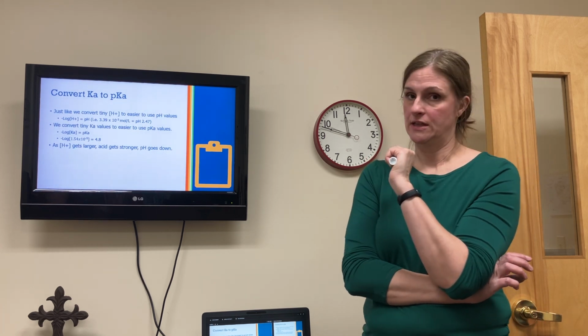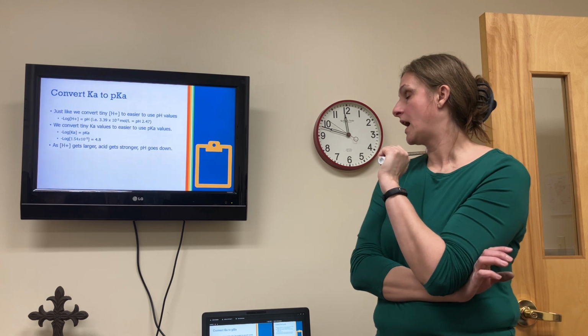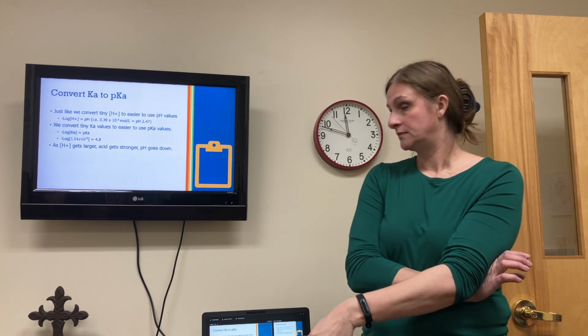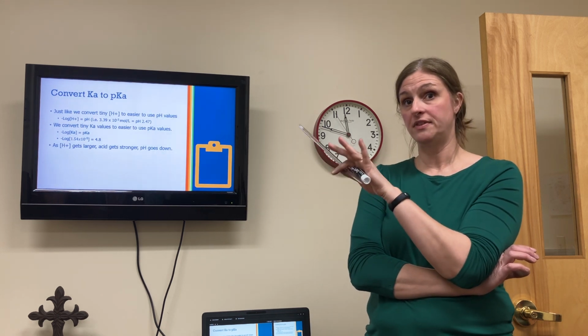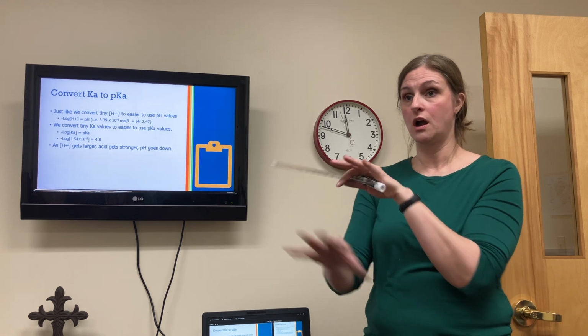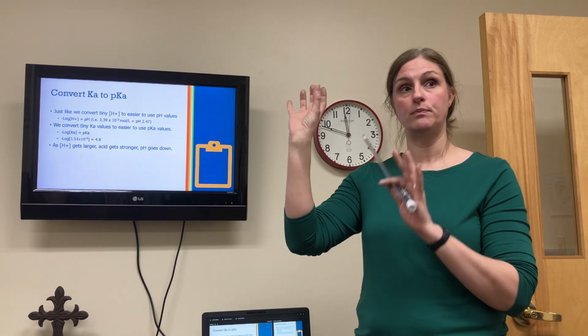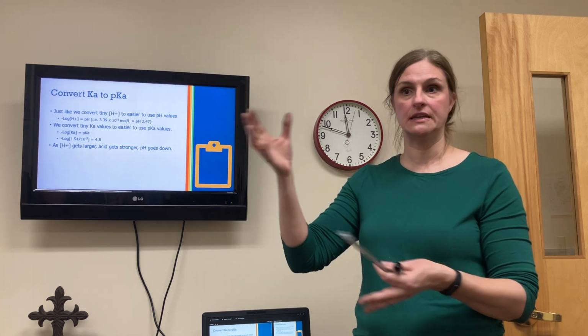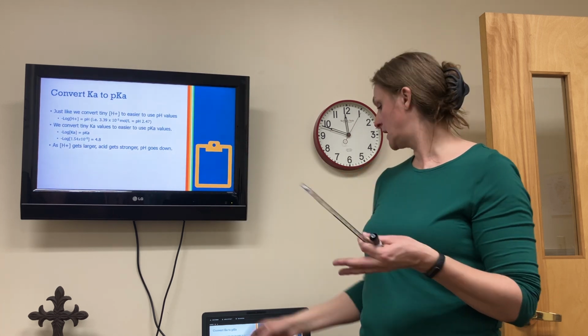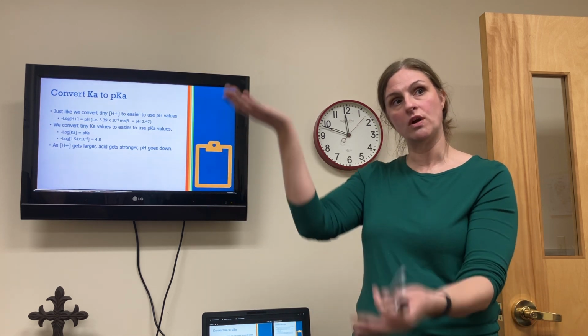I think they call it an antilog sometimes. As acid gets stronger, as the concentration goes up, the pH goes down. So concentration and p of whatever it is, pOH, pKa, they are inversely related. One goes up, one goes down.